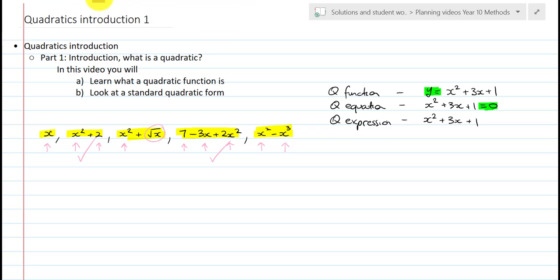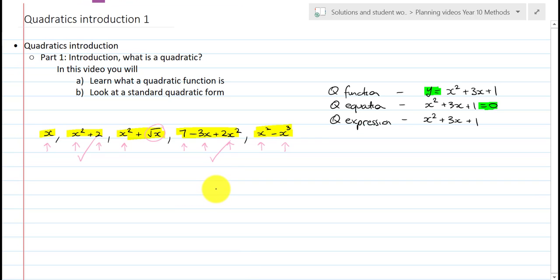Lastly, I just want to introduce you to the first form of a quadratic, and that is y equals f of x equals ax squared plus bx plus c. Now just firstly, you'll typically see y equals ax squared plus bx plus c. I've just introduced this f of x. It's not really important right now, but it's going to come into this topic a lot.